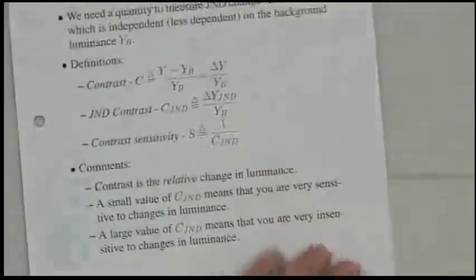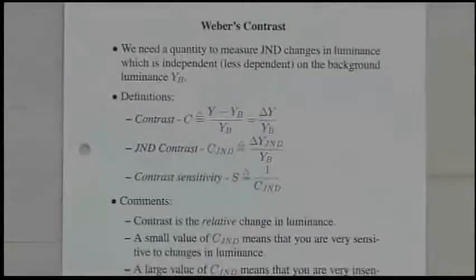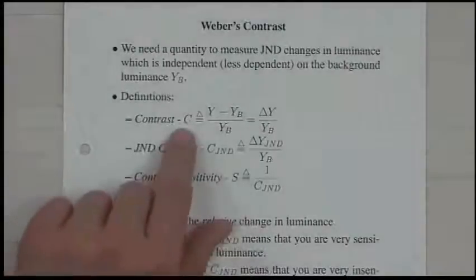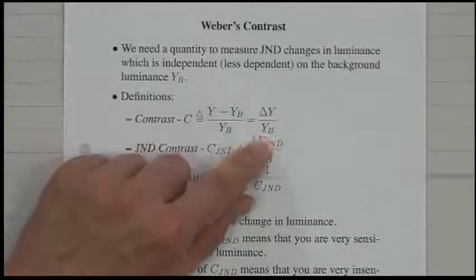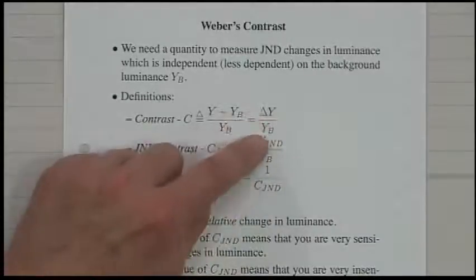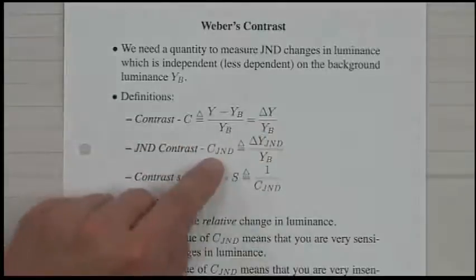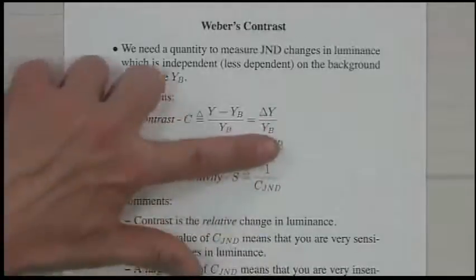Now, at this point, whenever we need an invariant, it's important to bring some law into play. So somebody has to define a law. In this case, it's Weber's law. So we have this concept of Weber's contrast. Clearly delta Y JND is not an invariant. But if you normalize delta Y to Yb, this is now called contrast.